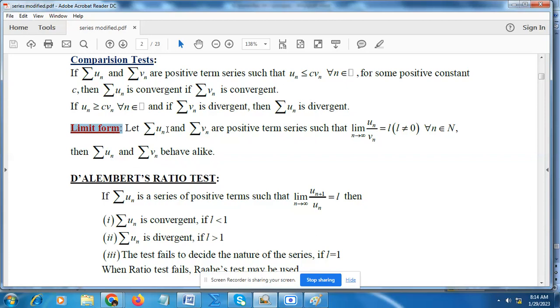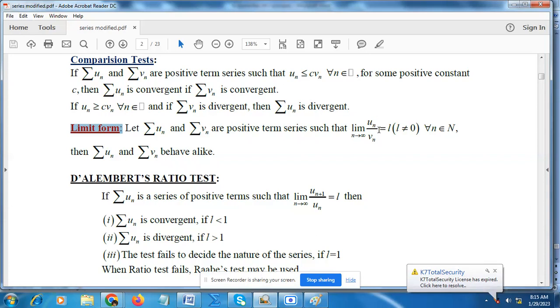That means when you have an infinite series, it is not possible to decide directly convergence or divergence. Then we depend on Vn. First, you consider Vn. That Vn should be either a geometric series or an auxiliary series.